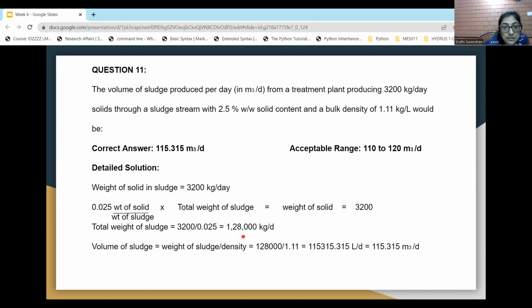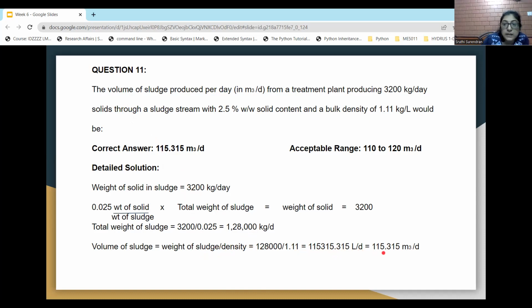Now they have asked us to find the volume of the sludge. So since they have given us the bulk density as 1.1 kilogram per liter, when we divide the weight of the sludge, which is 1,28,000 by the bulk density, we will get the volume of the sludge in liters per day.